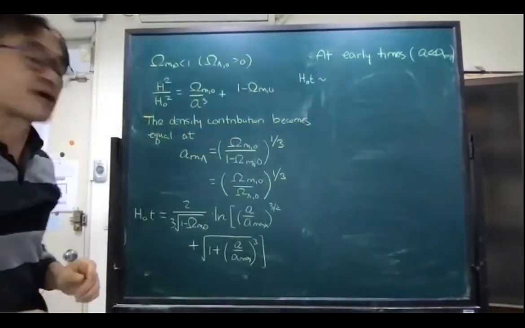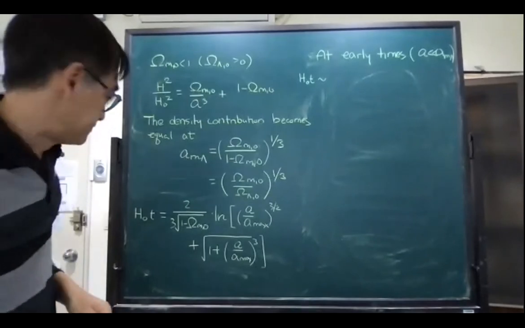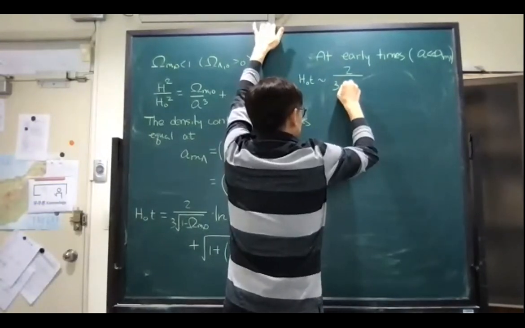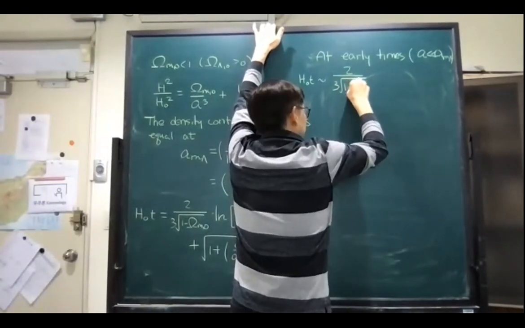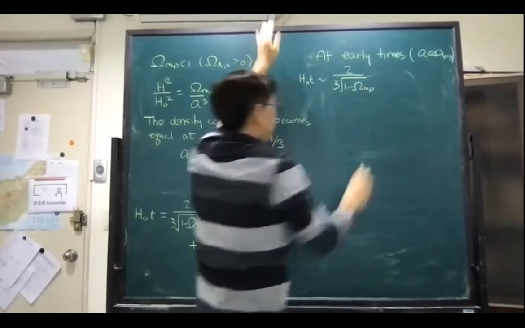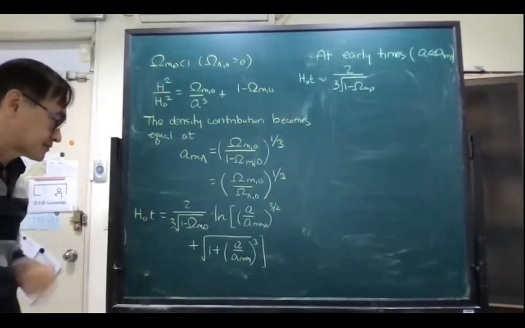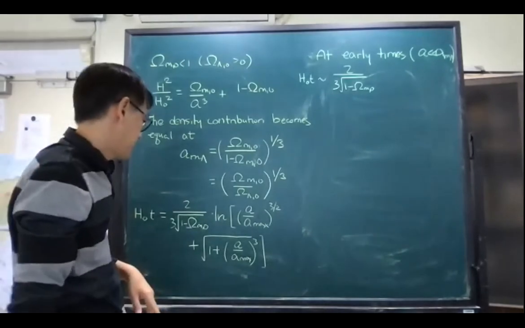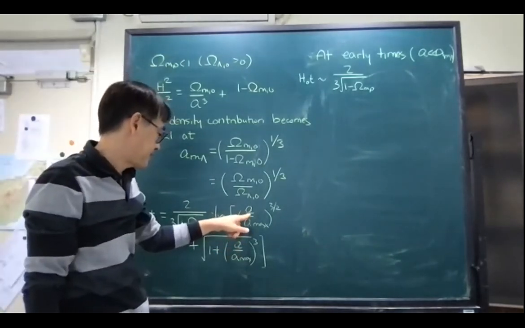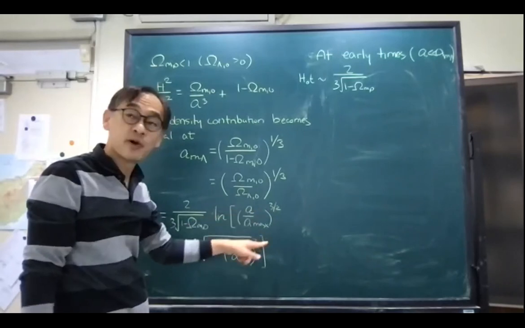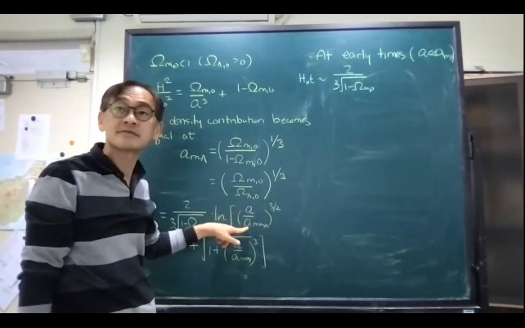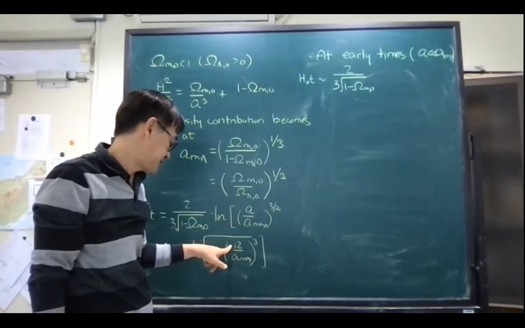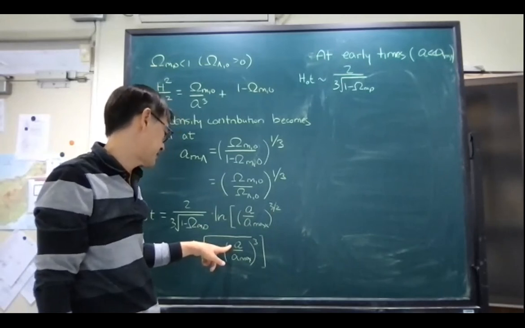I'll make a rough approximation. We have this factor 2 over 3 square root 1 minus omega m0. So this term will be very small because a is smaller than a max. And this term is also much smaller than this term.